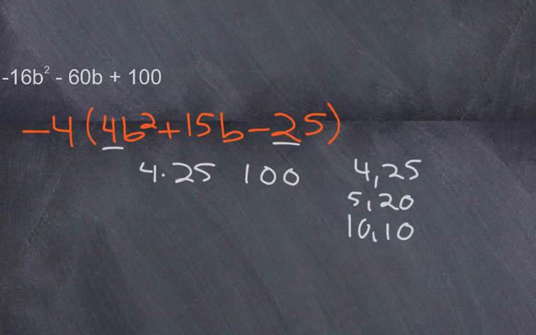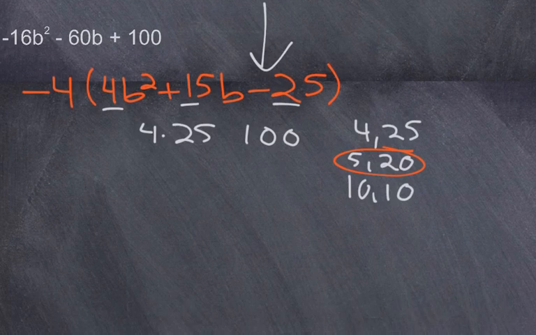Okay, again, that's a minus, which means they're going to be opposite symbols in the parentheses. So my factors need to have a difference of 15. In this case, that's going to give me the 5 and the 20. So I'm going to rewrite my trinomial. Now I'm going to bring down that negative 4. But on the inside, I have 4b squared.